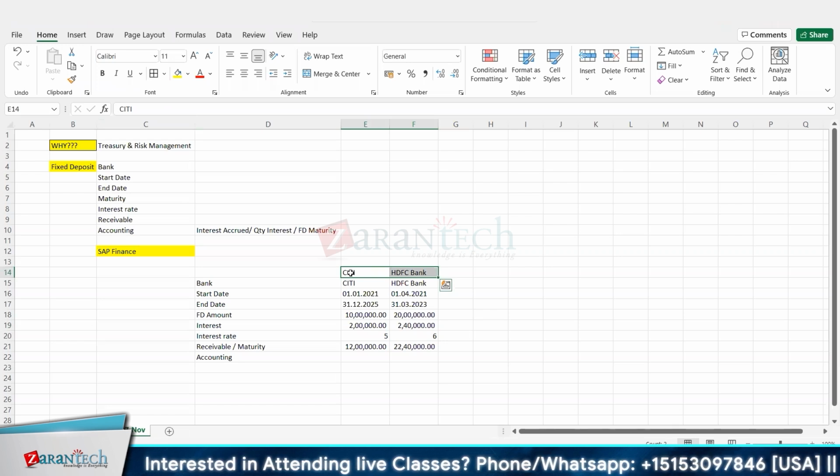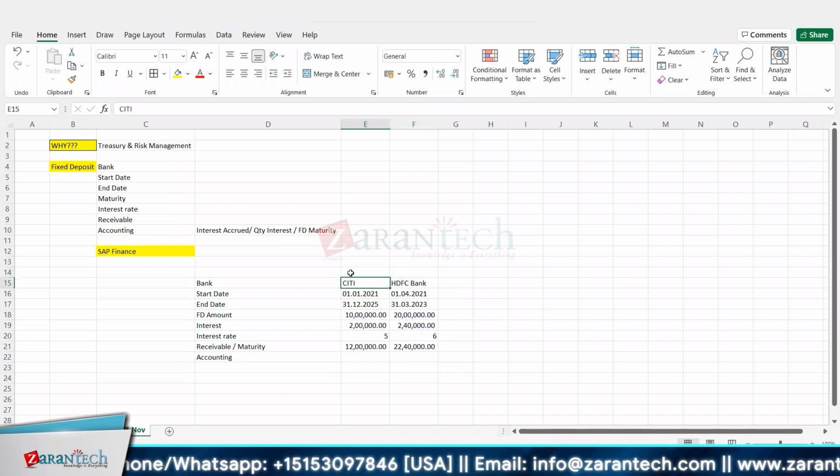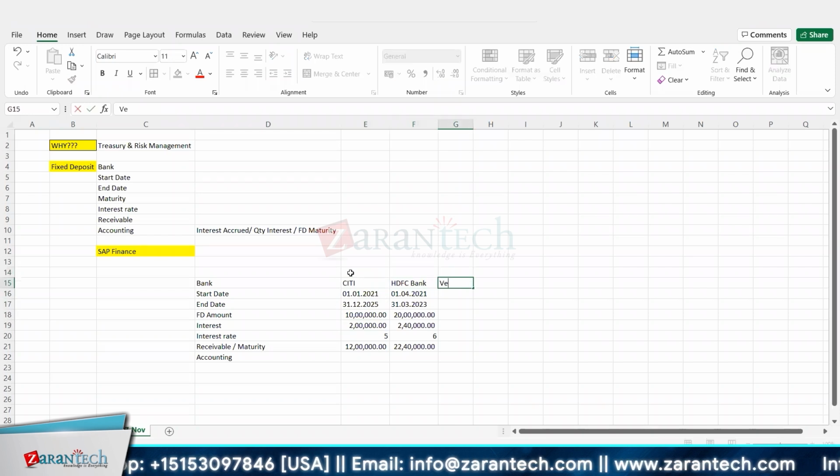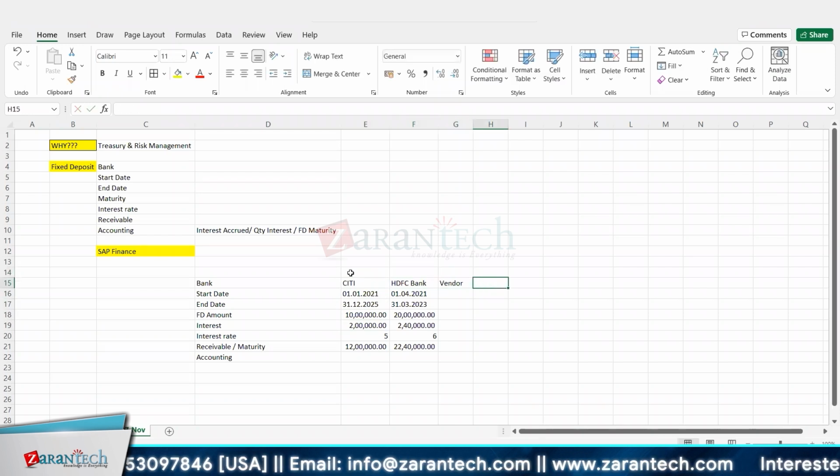How would you manage? Are you going to create a vendor, a bank-wise vendor account to manage this fixed deposit, or will you manage with only a GL account? So here you have the option to create the bank as a vendor, or you can create a bank-wise GL account.